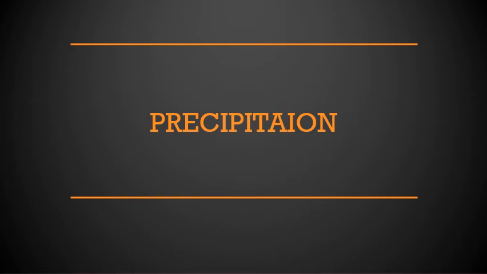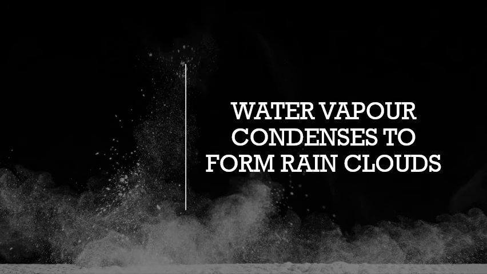Once the air has been saturated with water vapor, the air is cooler. Condensation takes place. Water vapor condenses to form the rain clouds. Condenses means it cools down to form the clouds. So as it cools down to form the clouds, it has to come down as rain.